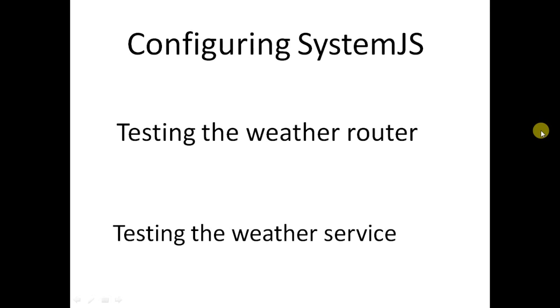Now, testing the weather router. The router for this application is configured in the app.routing.ts file. Although you can configure the routes either in your app module or in a separate file, having the routes configured in a separate file is a best practice.